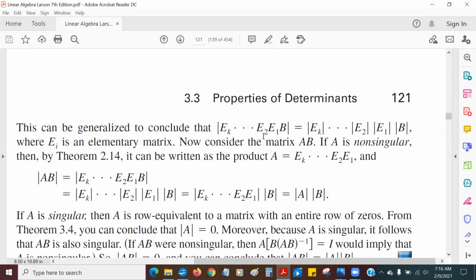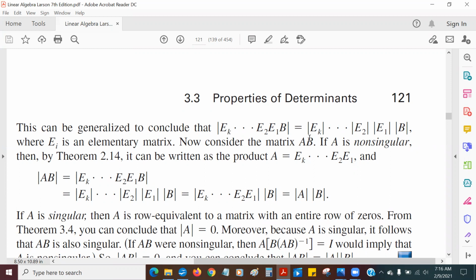E2 now takes that and multiplies one of the rows by a constant. E3 takes that and adds a row to another row, and so on and so forth. Well, it's a succession of operations, so I can break this up: the determinant of this whole giant product is the determinant of E1, which again is 1, -1, or C, times the determinant of E2, and so on, all the way up to Ek, times the determinant of B.